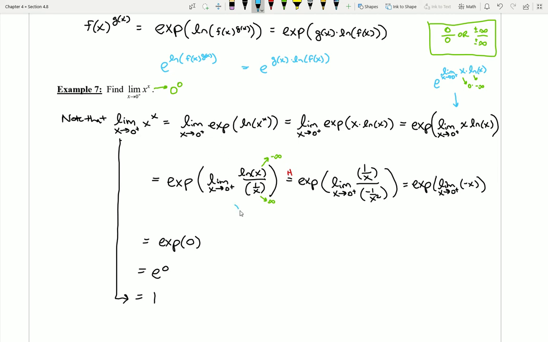But I'll just quickly highlight one last time how annoying this step would be to write in my classic e raised to a power form. I'm going to have to write things really, really tiny so that as I reread this, I recognize that everything from the limit on is actually in the power of the value e.